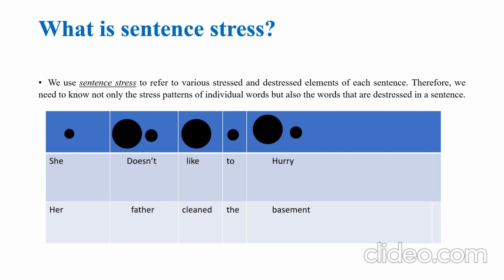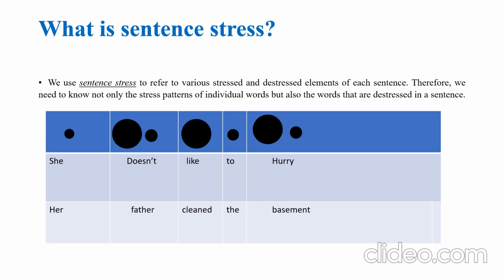Sentence stress refers to various stressed and de-stressed syllables of each sentence. Therefore, if anyone wants to have a good rhythm of English in his speaking, he should have a knowledge of the word stress and also a knowledge of the words that are de-stressed in a sentence.